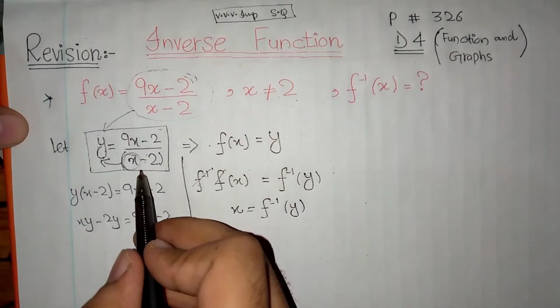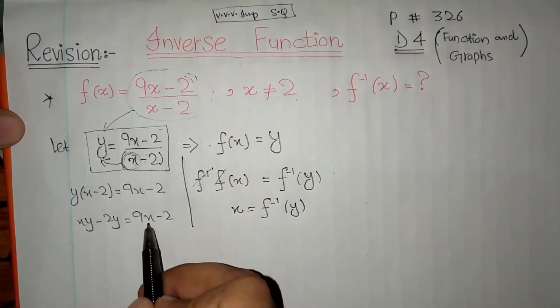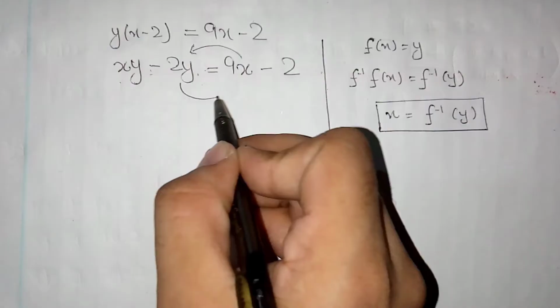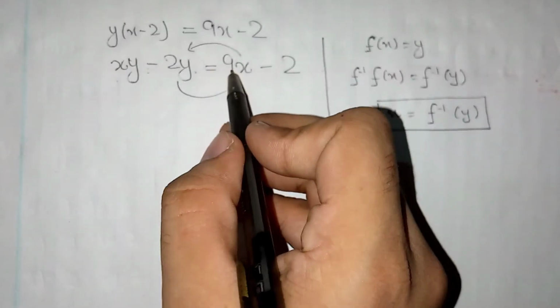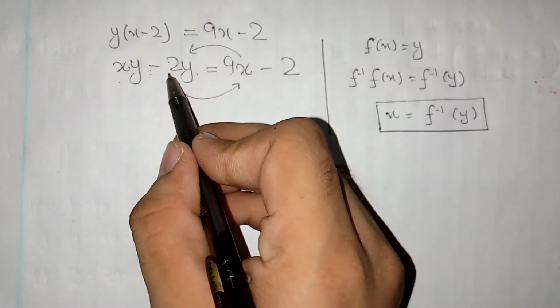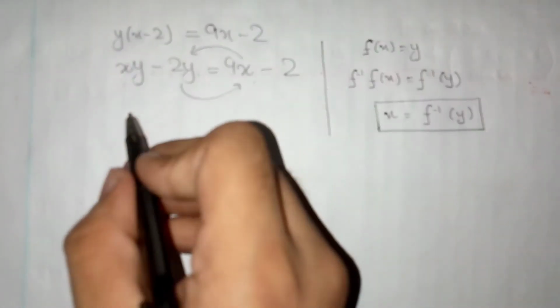I already told you I have to make x the subject in this expression. So combining the like terms, I shift the positive 9x to the left-hand side and the negative 2y to the right-hand side.